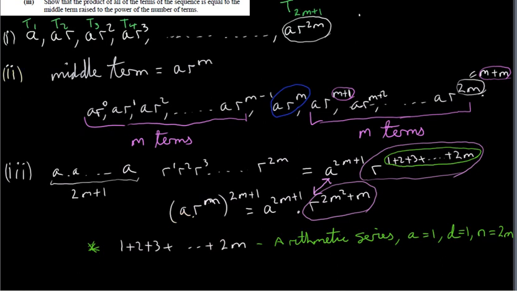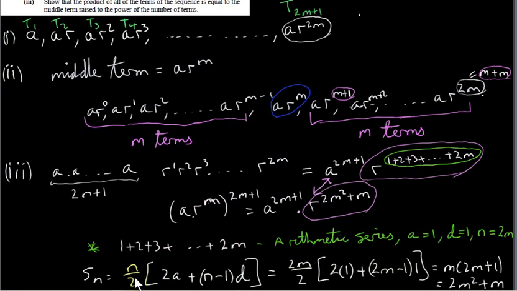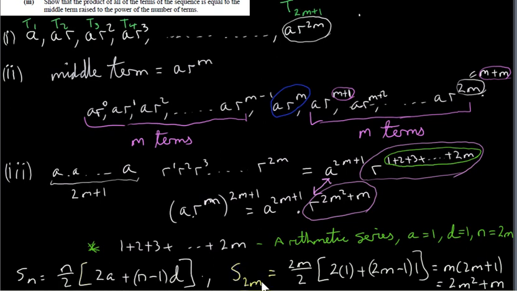So we want the sum of an arithmetic series. So here is Sn for an arithmetic series. We are interested in S2m because for this series n is equal to 2m. We have the first 2m terms. So we put 2m in for n.